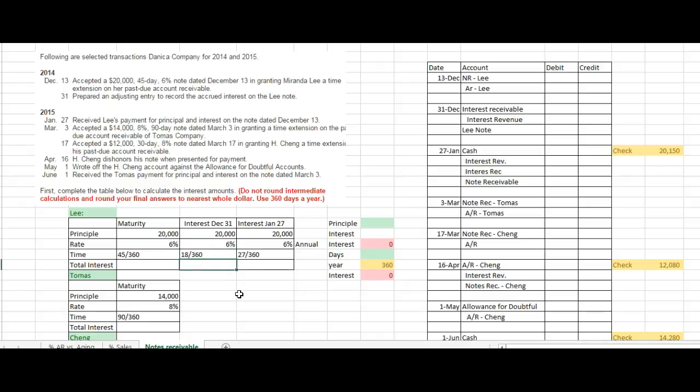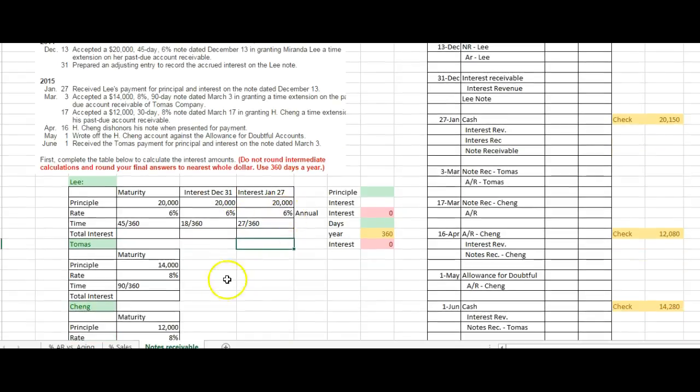That is going to give you that accrued revenue. And just for the heck of it, we're going to go ahead and calculate out the other part of that. So you take 20,000 times 6% times 27 divided by 360. You're going to use these numbers, so make sure you calculate those.